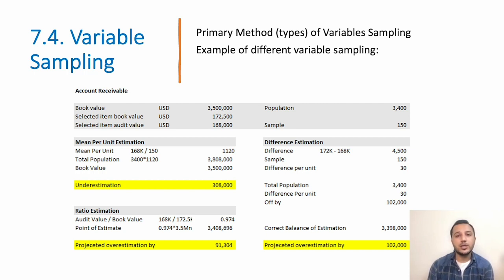So if you look, there is a variation in the numbers, even in the understatement or overstatement. Therefore you can use your best judgment to decide which methodology is good, because at the end of the day these are judgments, since you are using your judgment to project that issue on the overall population level.